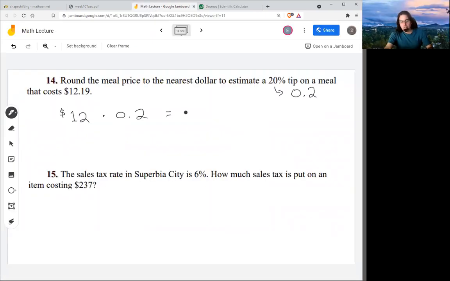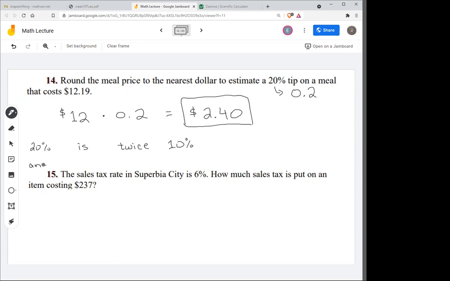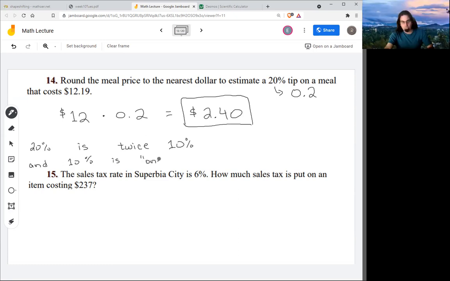$2.40. The reason it asks you to do this is that I could say 10% of a number is easy to do. Who remembers the trick for 10% of a number? Is it a decimal scoot? Yep. It's one scoot left.